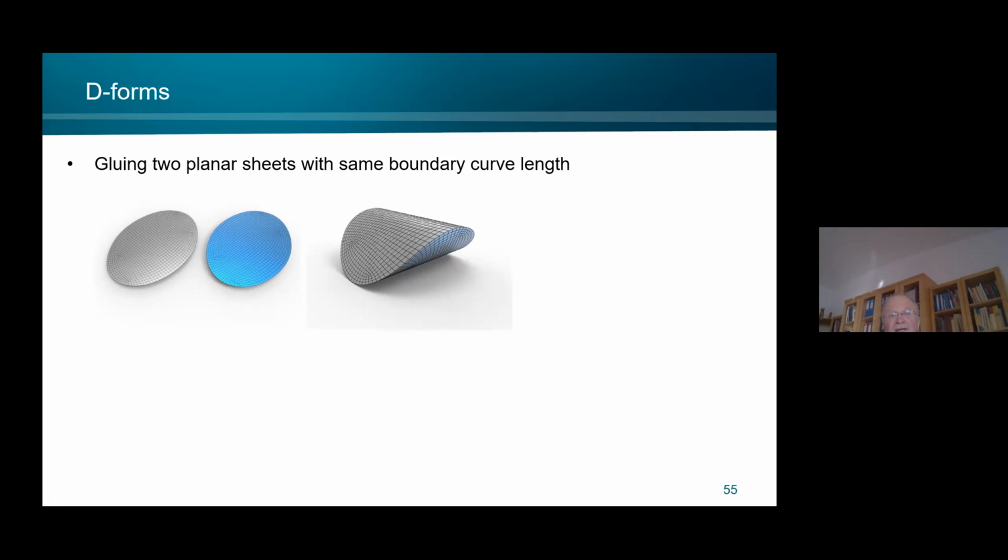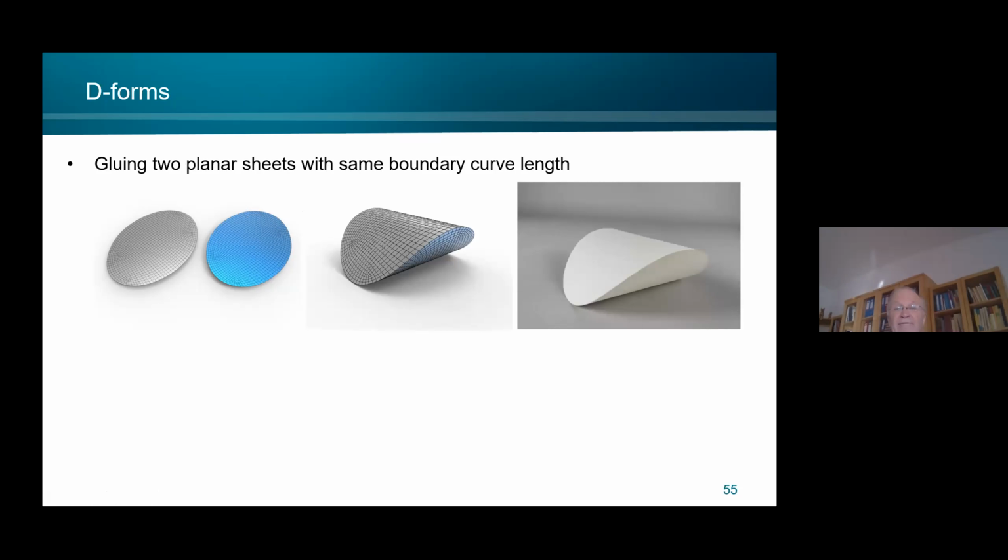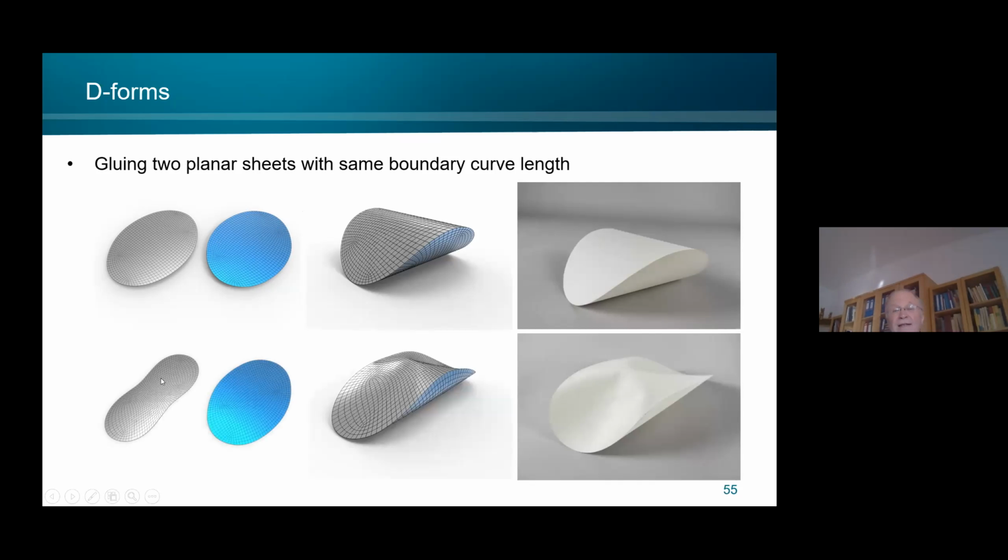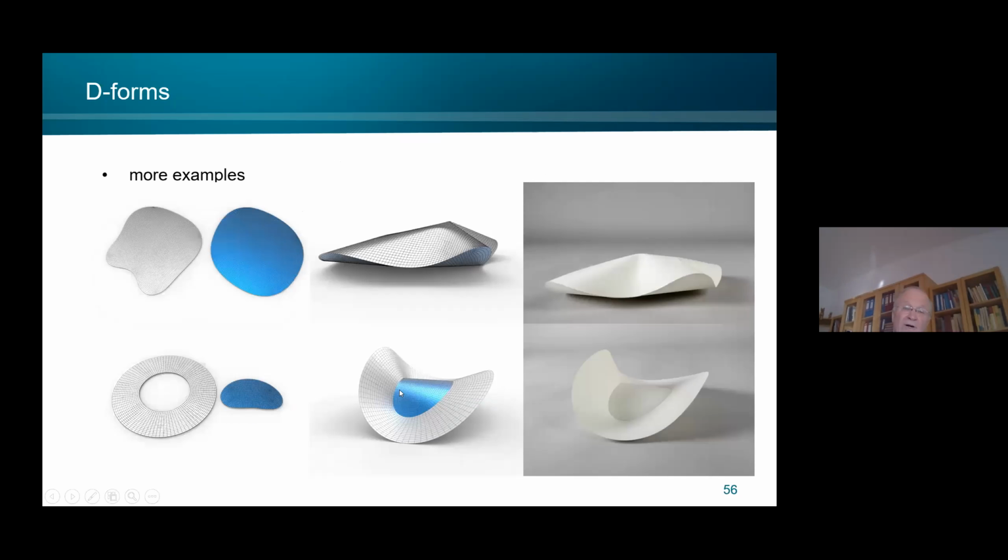What you get is a so-called D-form, and the virtual model and the physical model very nicely agree here. It's a bit more difficult if the sheets are not convex anymore. Then this is not such a smooth surface, which is verified both by the paper model and by our digital model.